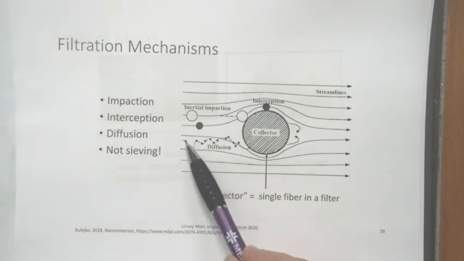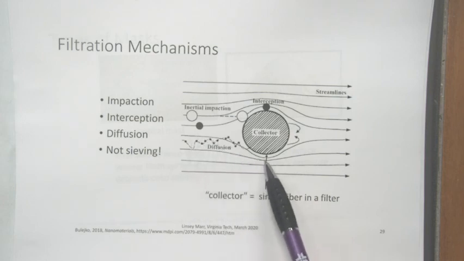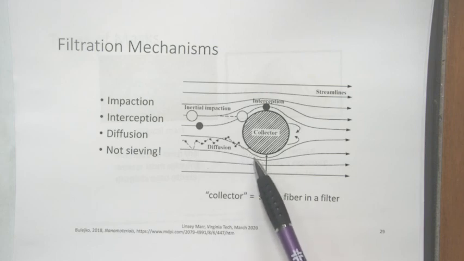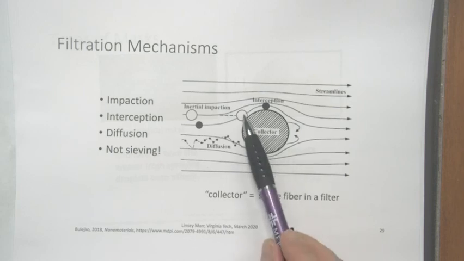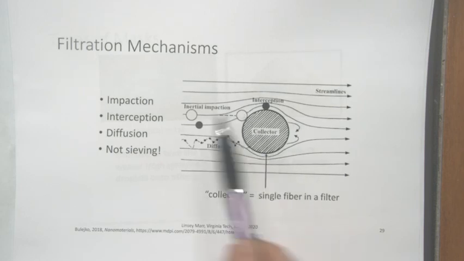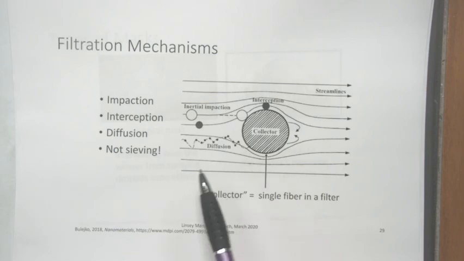And so small particles are going to follow the average gas streamlines, but they're going to be moving around, and some of those movements might impact them onto the fiber. Right? So big particles get collected well because of impaction. Really small particles get collected well because of diffusion.